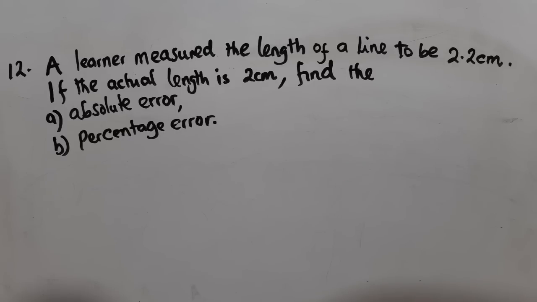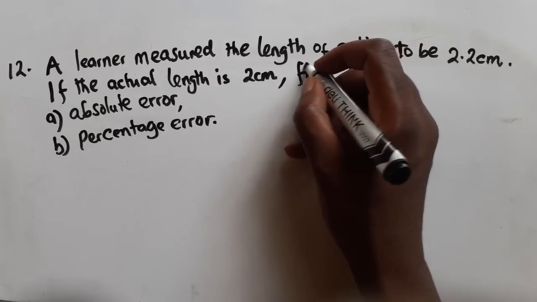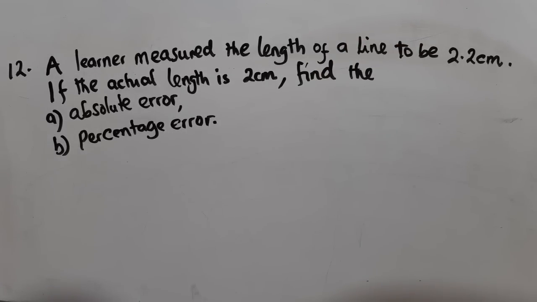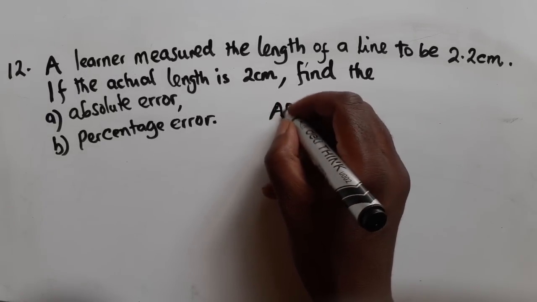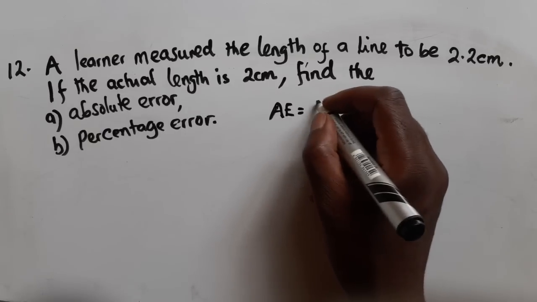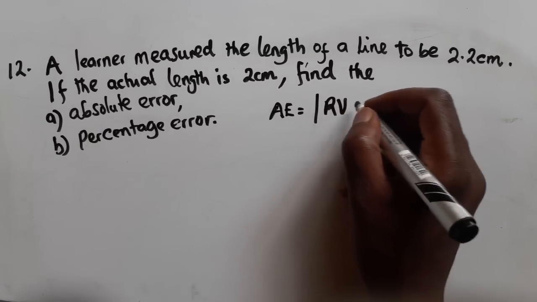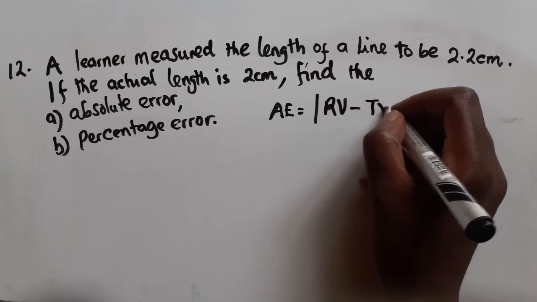So we come to question 12. Elena measured the length of a line to be 2.2 centimeters. If the actual length is 2 centimeters, find the absolute error. Okay? So, absolute error is equal to recorded value minus true value.